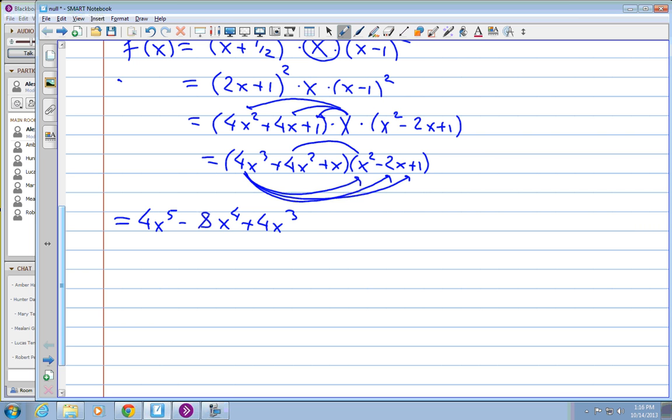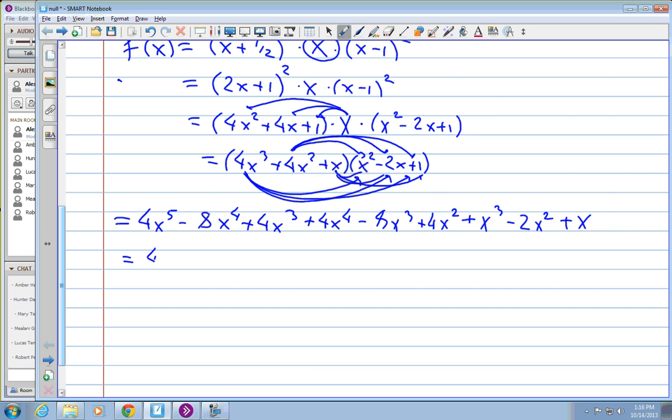So 4x squared times x squared is 4x to the 4th, then minus 8x cubed, then plus 4x squared. And finally, when you multiply everything by x, you'll get x cubed minus 2x squared, and then plus x. Just do the FOIL. Okay, nothing fancy.